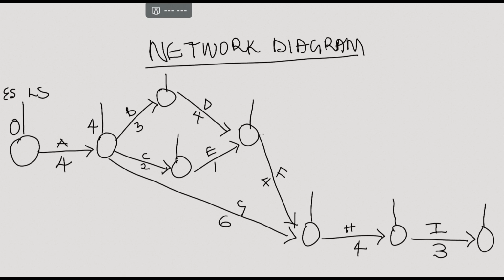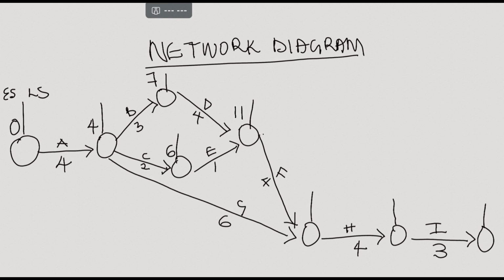Then 4 plus 3 is 7. 4 plus 2 is 6. Now, D and E precede F. So 7 plus 4 is 11. 6 plus 1 is 7. So you are going to use the highest one, which is 11.